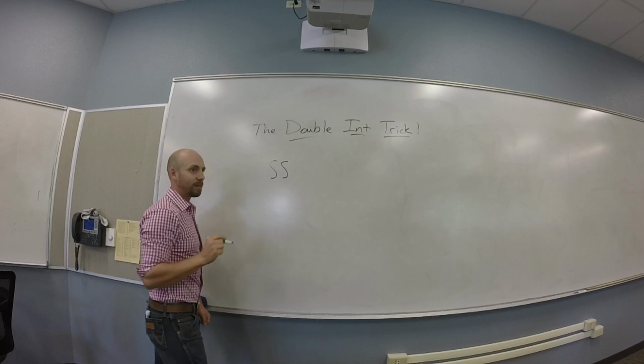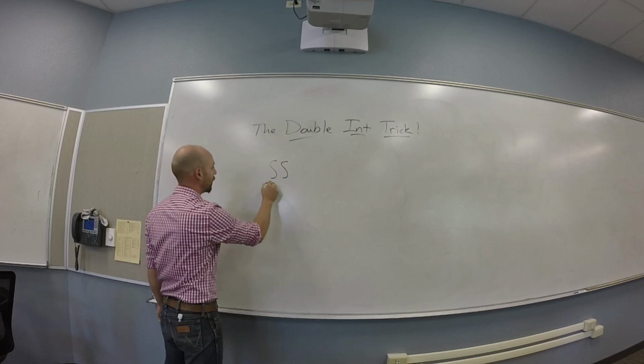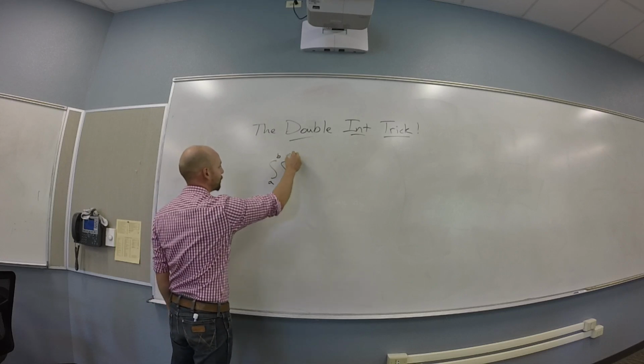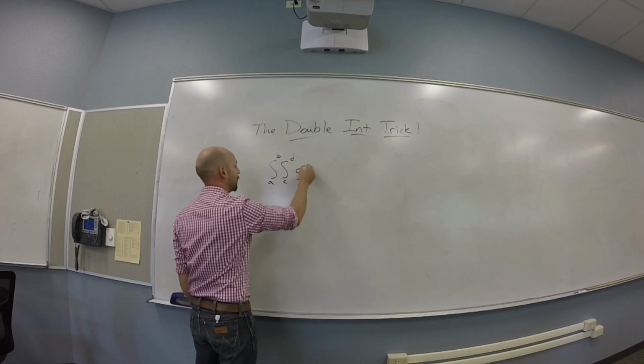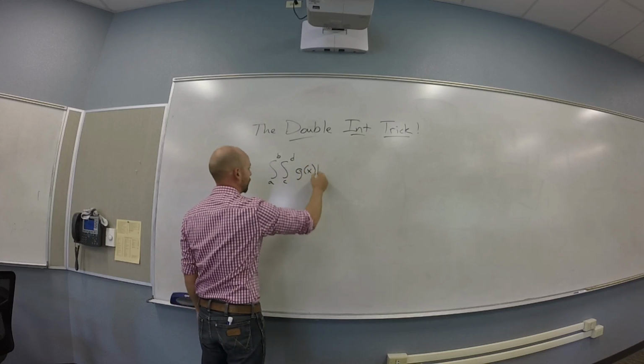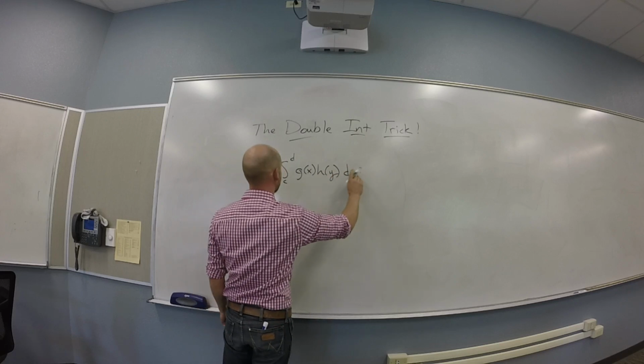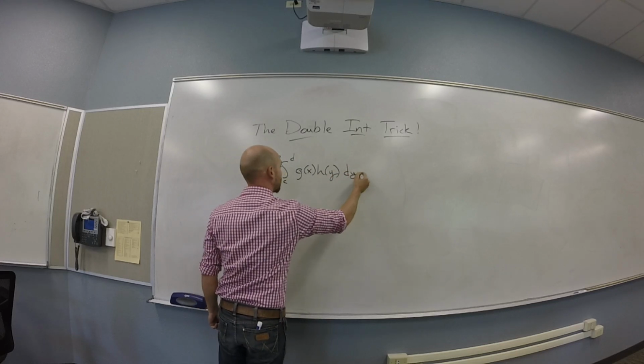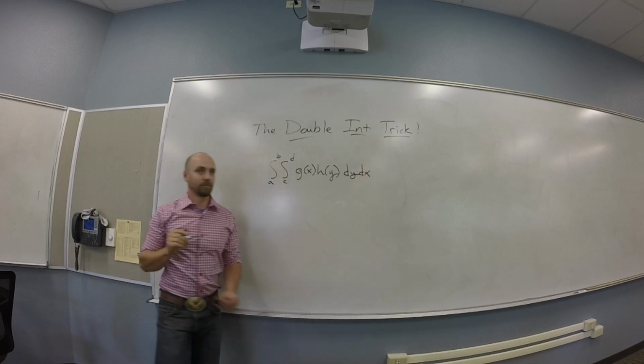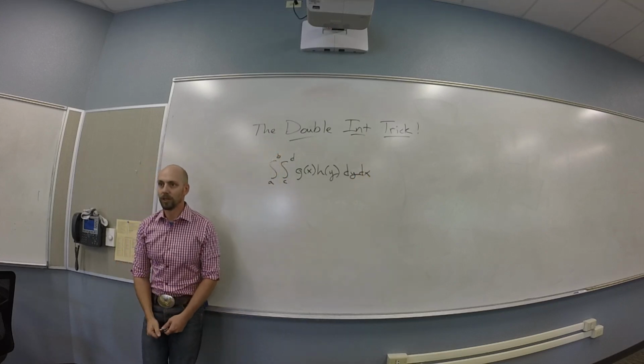Let's suppose, for example, that we had the integral from a to b and the integral from c to d of something that was made out of g of x times h of y, and we were doing dy dx integration. Right? You guys with me?